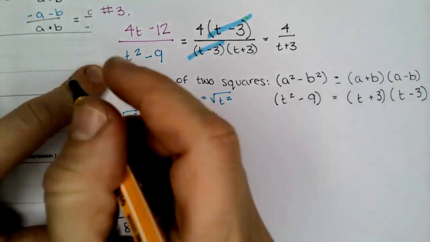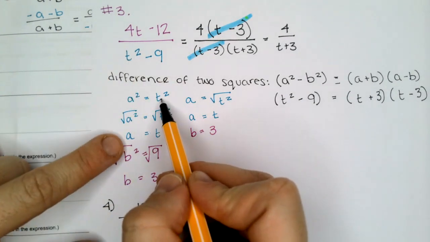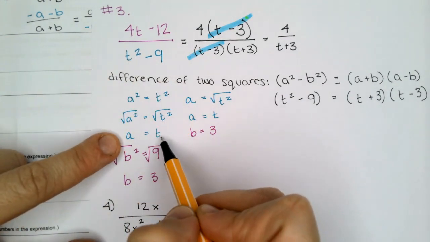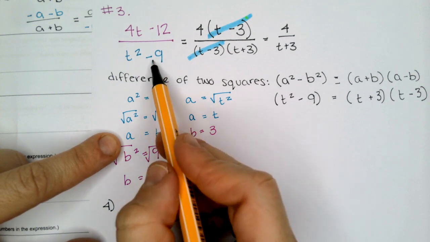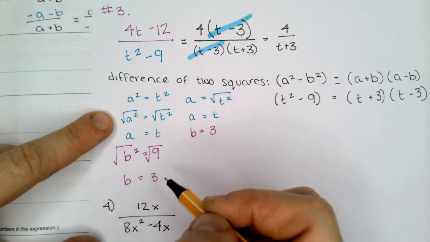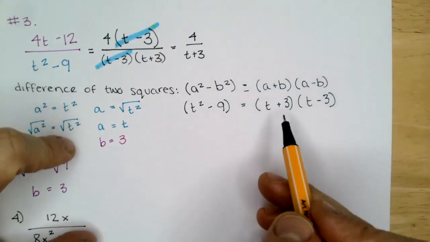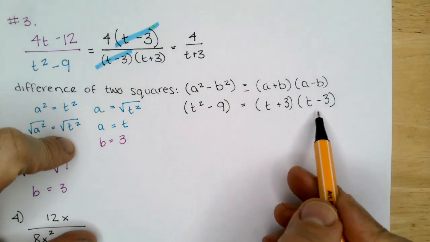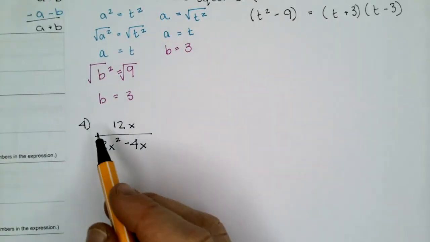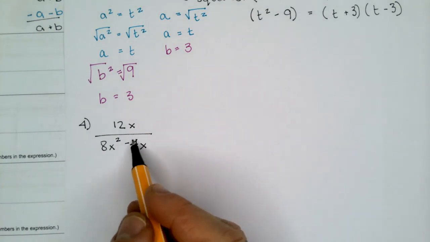But this, I know that t squared is a perfect square. If I take the square root of t squared, I'll get something I can use. If I take the square root of 9, I'll get a 3, something I can use. T and 3. It was easy to turn it into two binomials. However, 8x squared isn't a perfect square, and 4x isn't a perfect square.